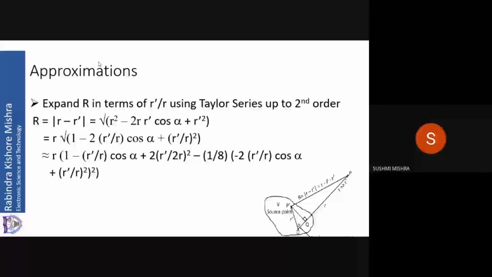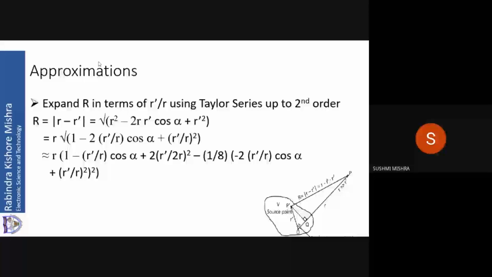You can see that r dash square by 4r square into 2. That gives you r dash square by 2r square. So that I am writing for simplicity of making the equation. I am writing it as 2 r dash by 2r square. You can also write it as r dash upon 2r square.